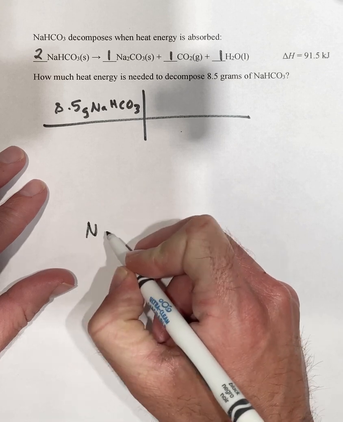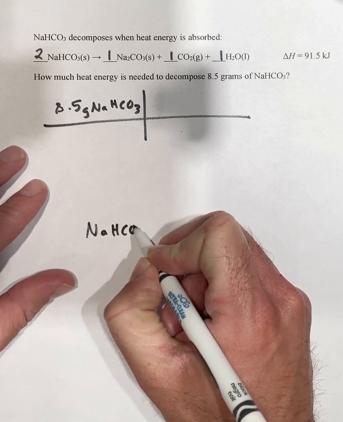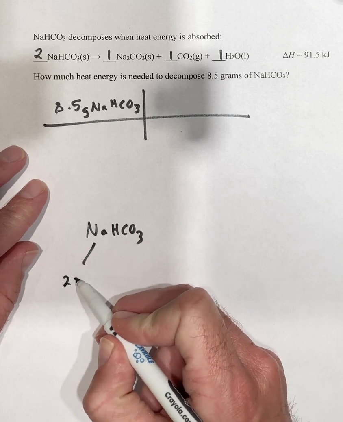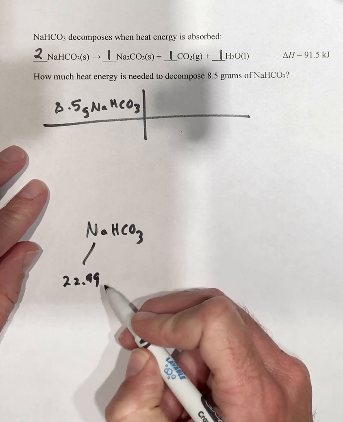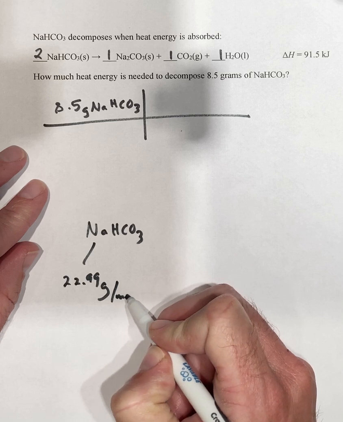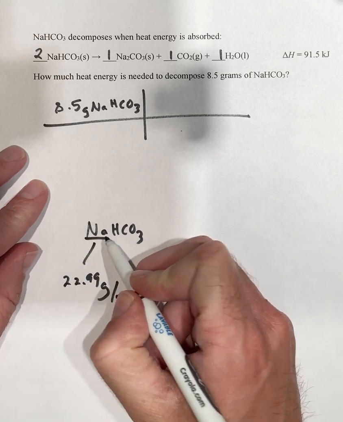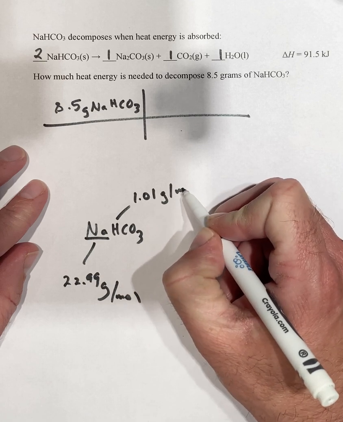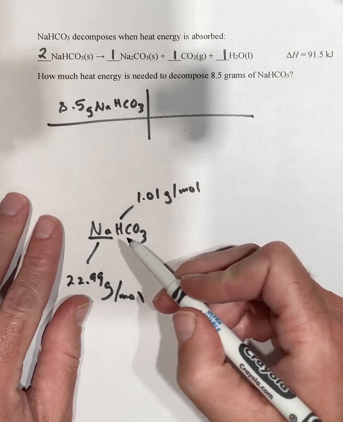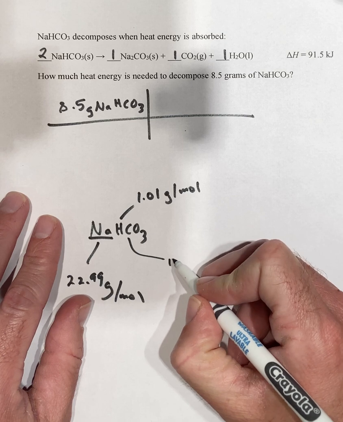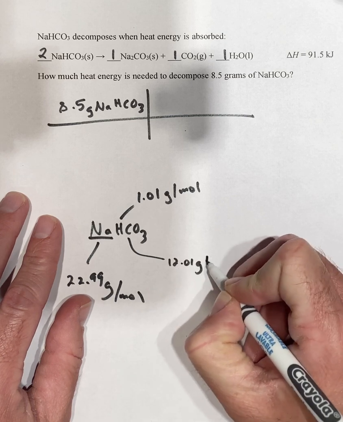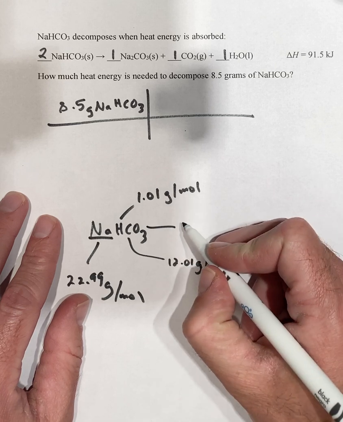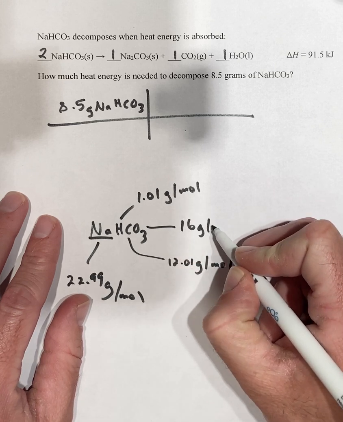So down here, I'm going to write NaHCO3. And on the periodic table, 22.99 grams per mole is sodium. If we look at hydrogen, 1.01 grams per mole. If we look at carbon, 12.01 grams per mole. And then if we look at oxygen, 16 grams per mole.